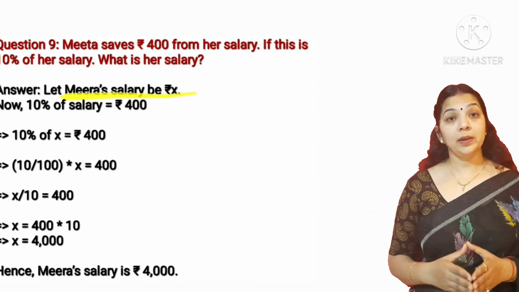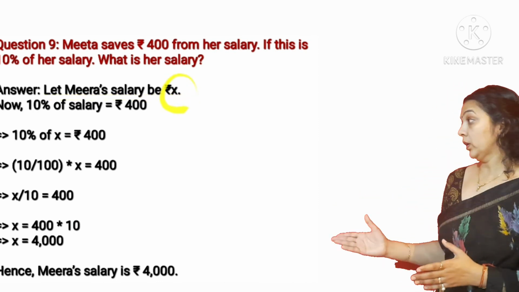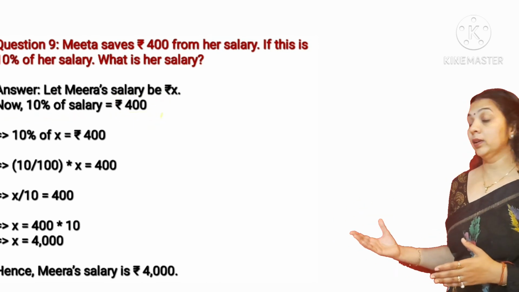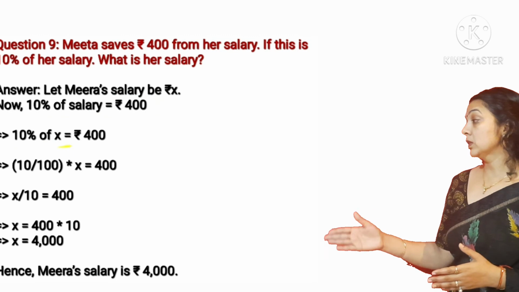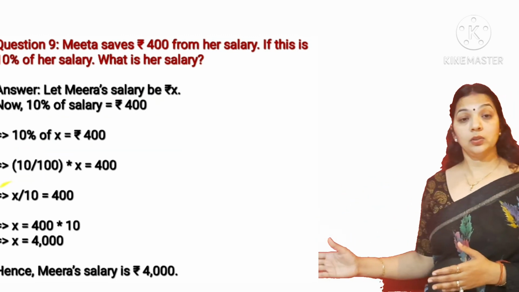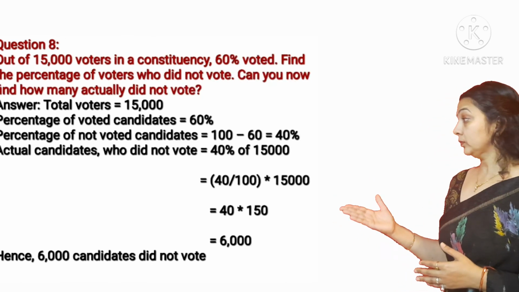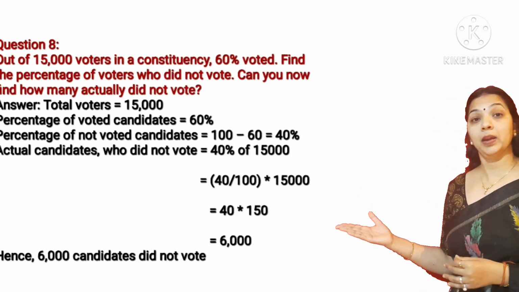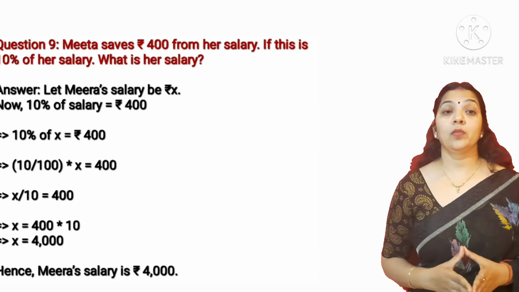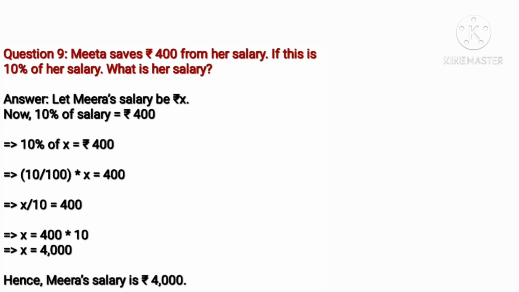Now 10% of x is equal to 400. When we cross multiply it, it means 10x is equal to 400 into 100. So x is equal to 400 into 100 divided by 10. That means 4,000. So the total salary of Meeta is 4,000.